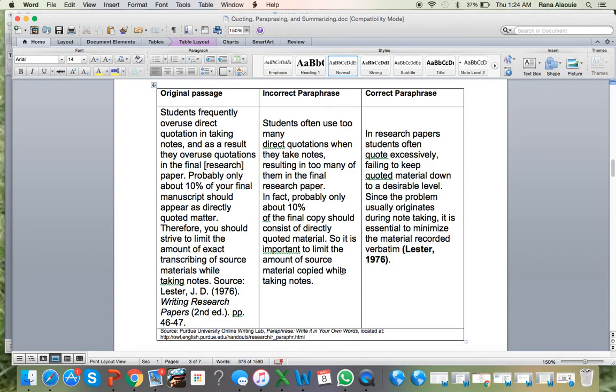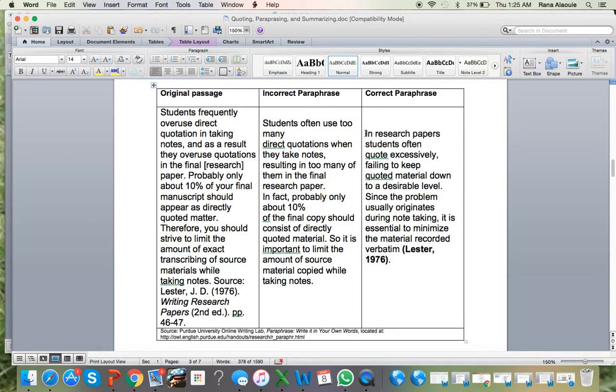So it is important to limit the amount of source material copied while taking notes. Well, if you noticed, very little is changed here. I mean, it's almost copy-paste of the original passage, but I replaced or took away a couple of words. That's not paraphrasing. And there's no citation.